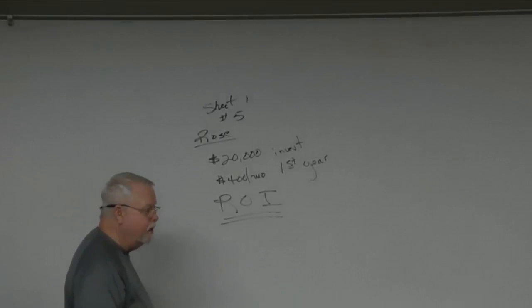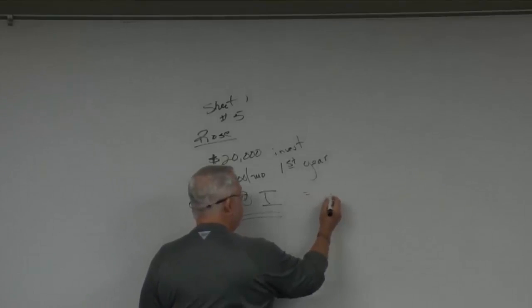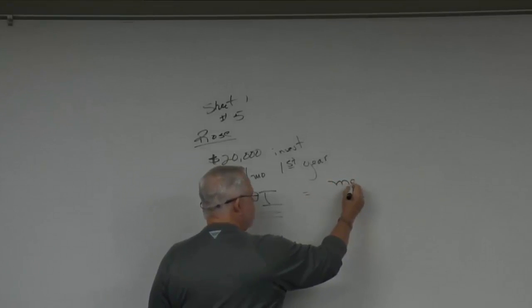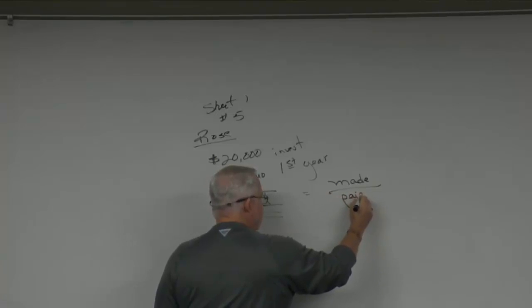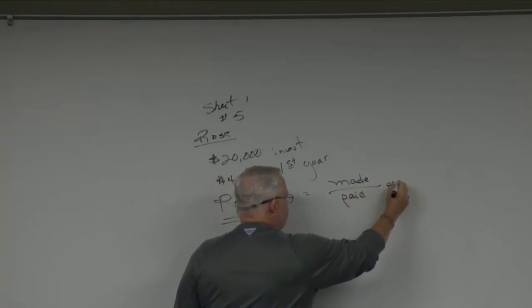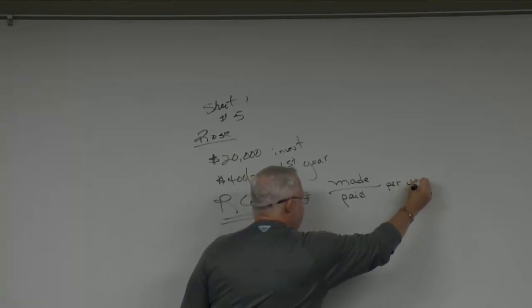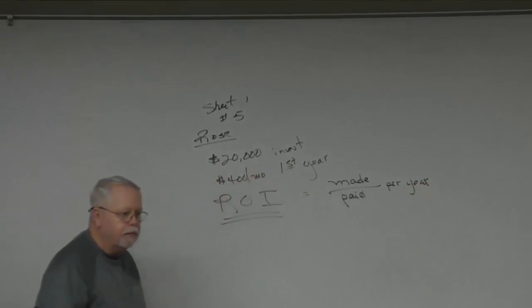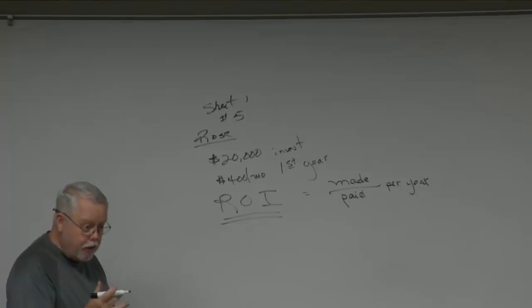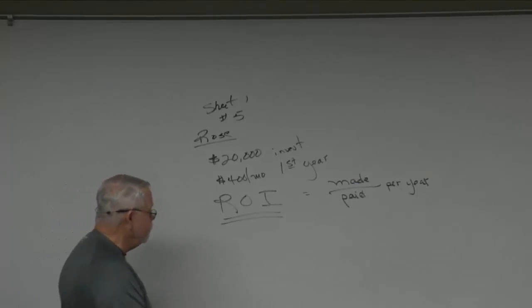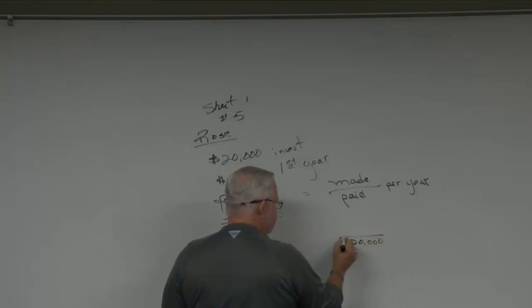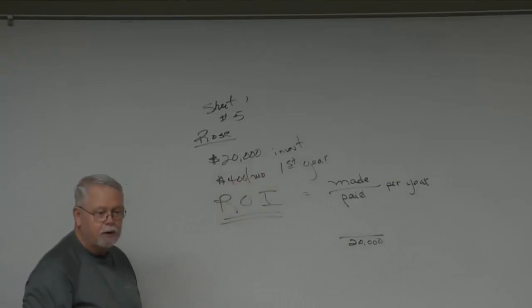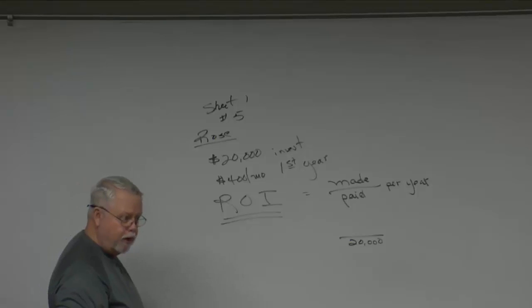Return on investment. Sometimes people say, well, that means what you made, over what you paid, per year. It's always an annual rate. And if you think of that, what did she pay for the investment? She paid $20,000. How much did she make the first year? $4,800.